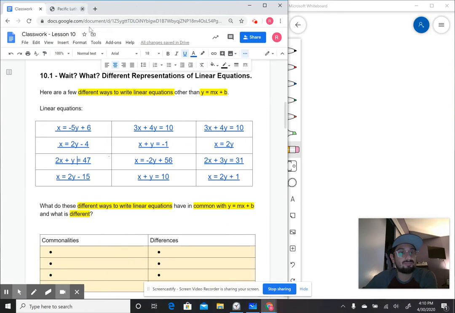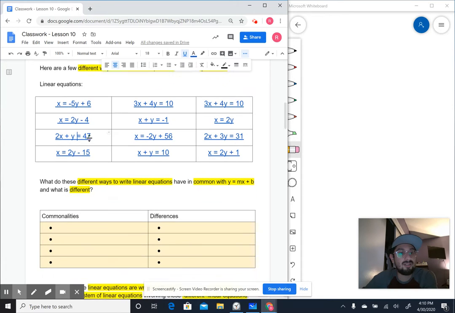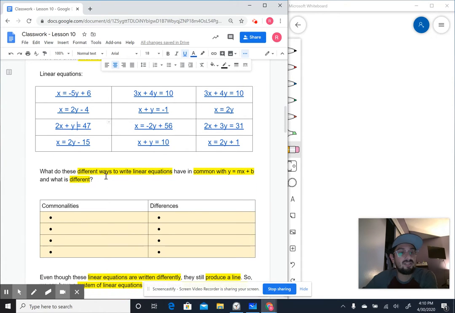So the question is, what do these different ways to write linear equations have in common with y equals mx plus b, and what is different? One of the things people were saying in class was they both have equal signs.